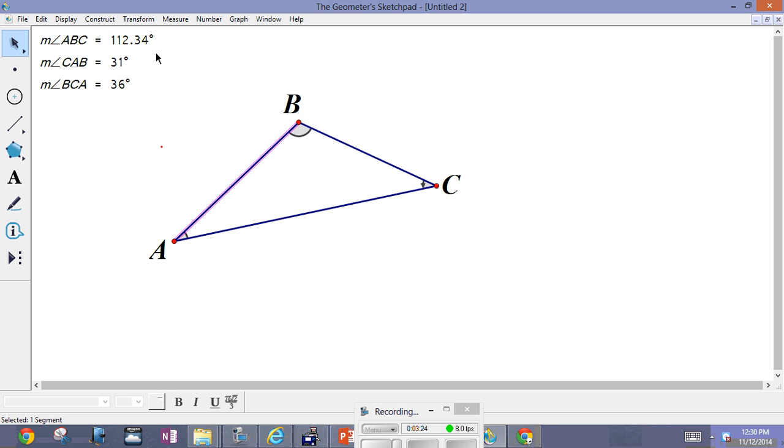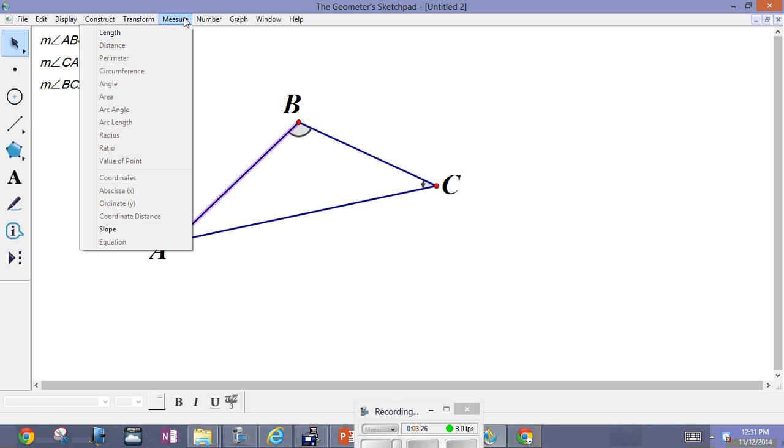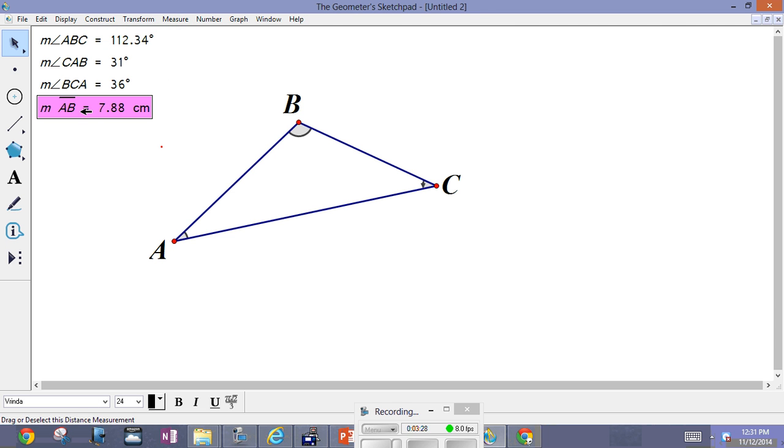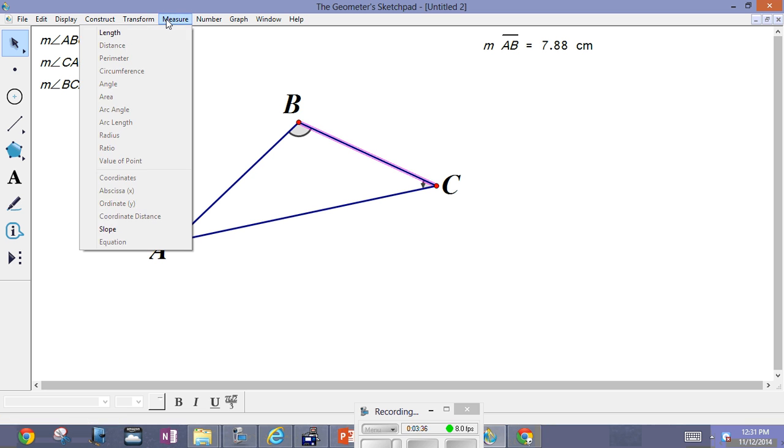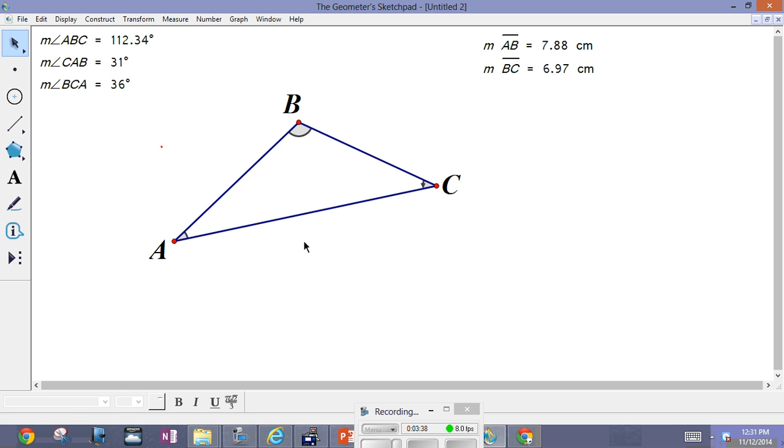Just select all the sides and measure the lengths of the sides. I'm going to cluster those over here. So that's AB, BC, and AC, of course. Measure all those. All right, so I have the three sides and the three angles measured.